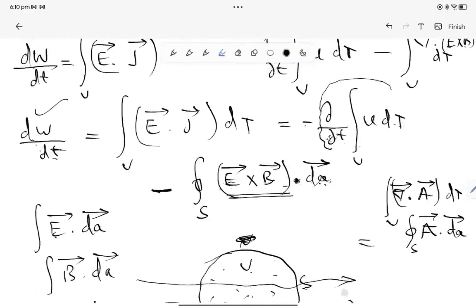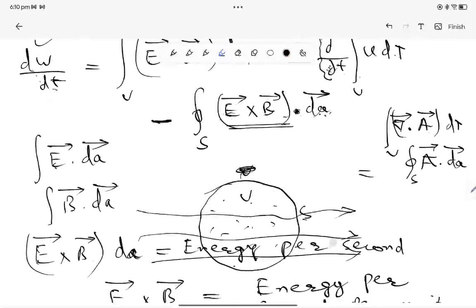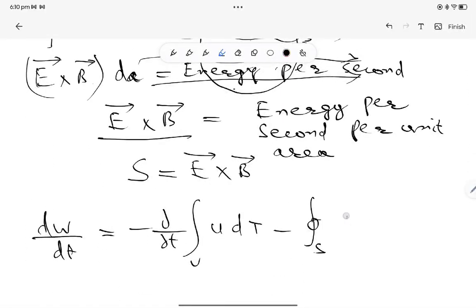Then we have minus the surface integral of E cross B dot dA, that is S dot dA. So this we call the Poynting vector, and this equation is called the Poynting equation.